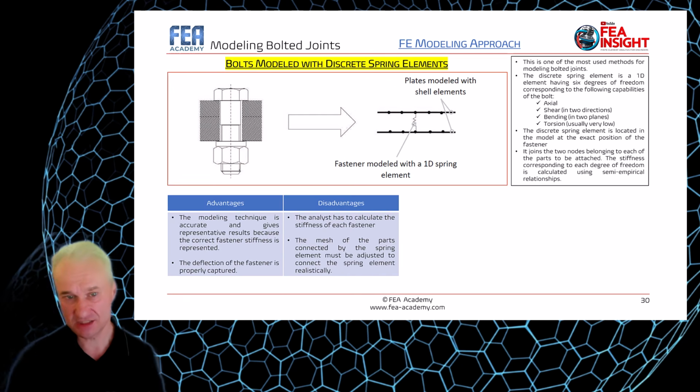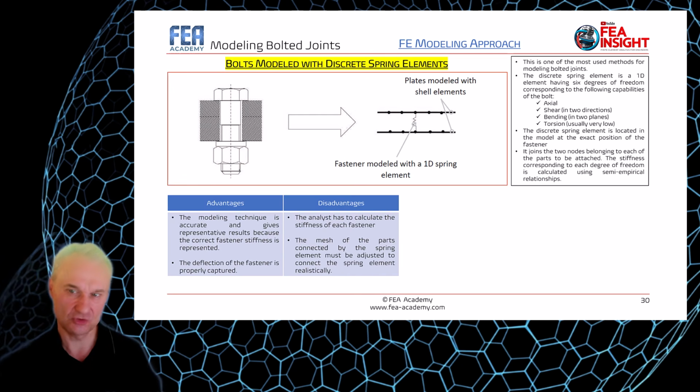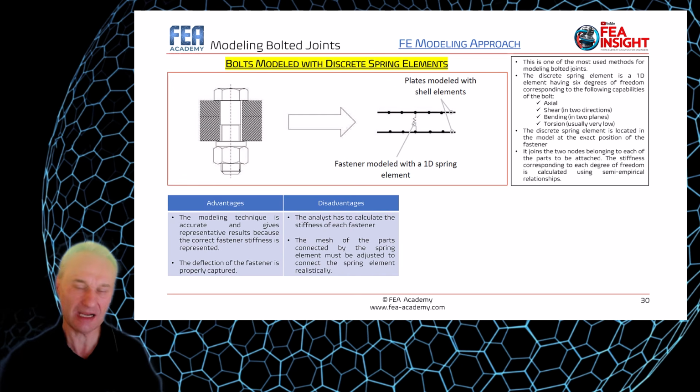The disadvantages of this approach: the analyst has to calculate the stiffness for each fastener, and the mesh of the parts connected by the spring element must be adjusted to connect the spring element realistically. And later in this presentation, I'm going to show you how you can do that.